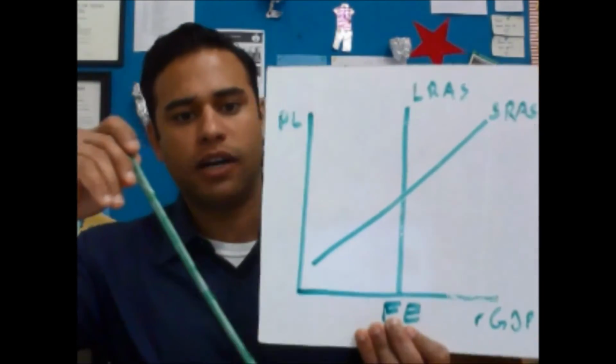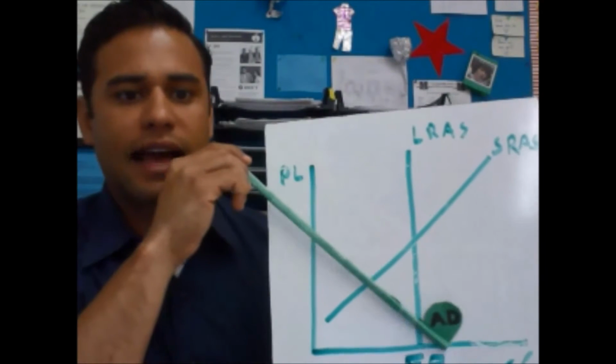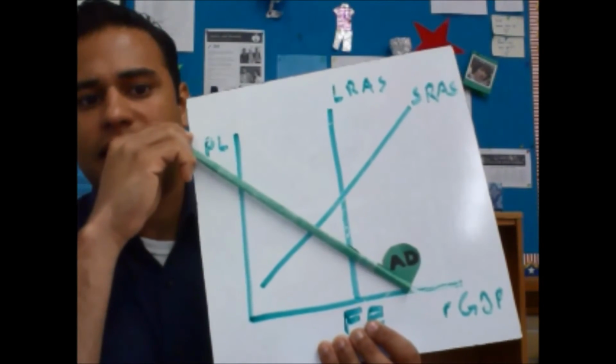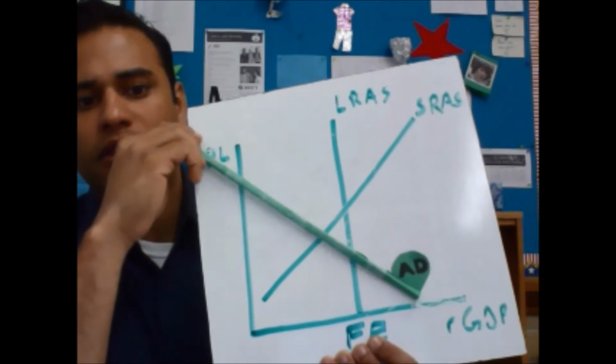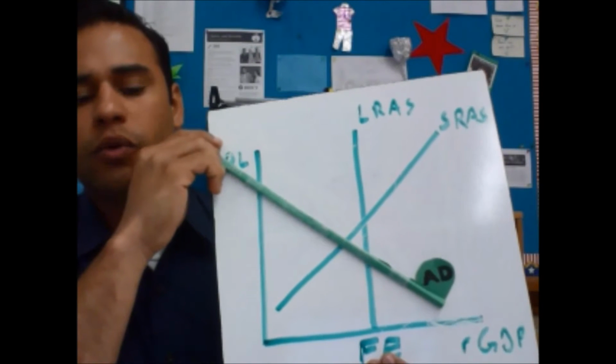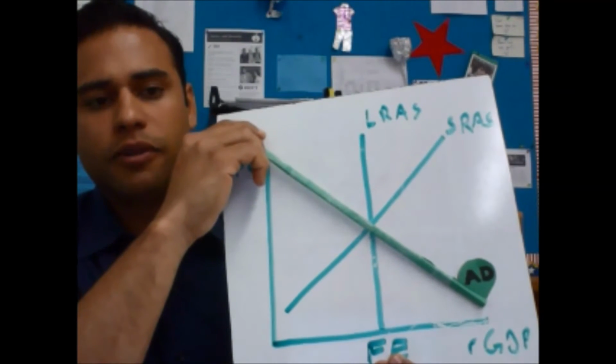So what do I mean when I say demand side policies? Well, let's go back to our model. We've identified that the business cycle is aggregate demand shifting back and forth, and it's actually pretty simple. If we're in a recession, a countercyclical policy would attempt to push demand back here to equilibrium.